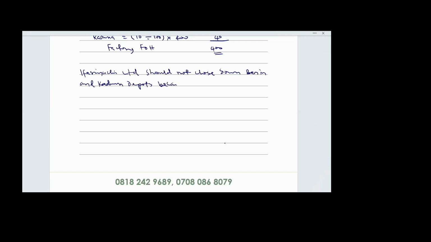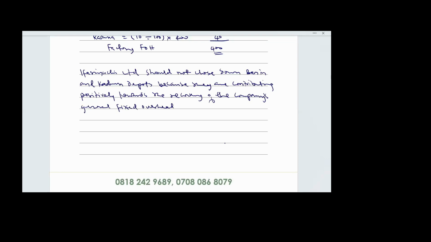Because they are contributing positively towards the recovery of the company's general fixed overhead of 400,000 naira.